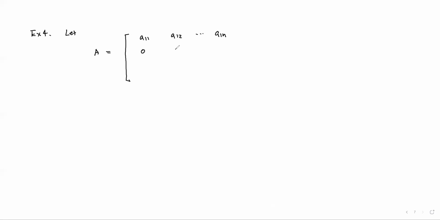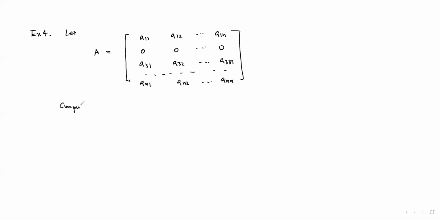All the entries on the second row are 0. The third row, A31, A32, A33, A3n. The last row, An1, An2, Ann. A is square. When we talk about determinant, we assume the matrix is square.